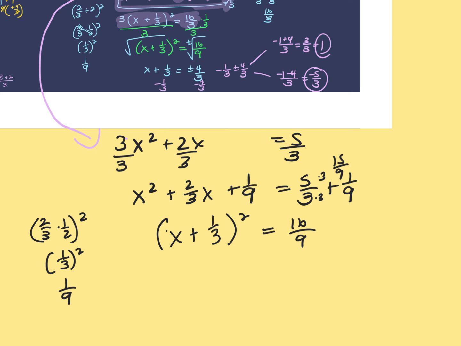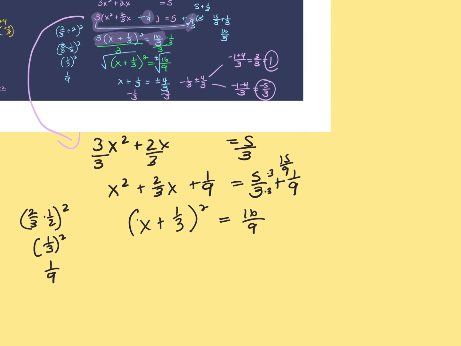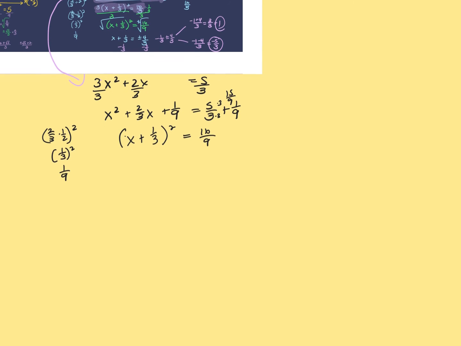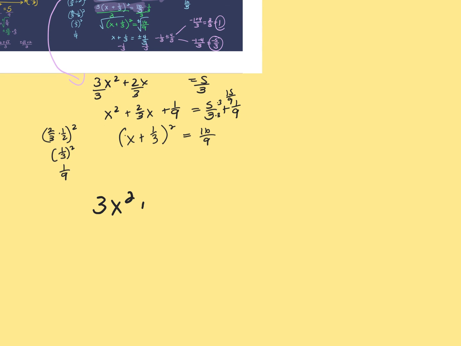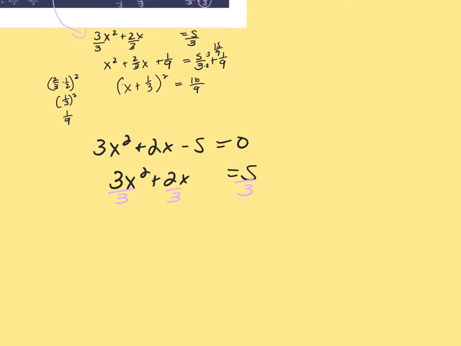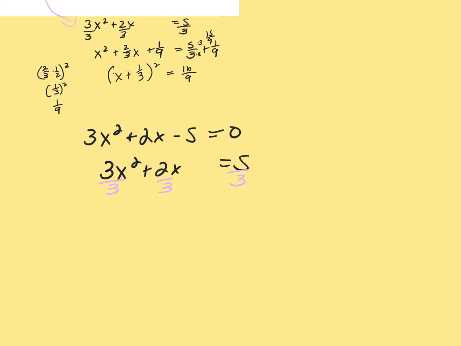How you choose to do that is completely up to you. So instead of taking the 3 on the outside of the parentheses, we just divide everything by 3. So my original equation was 3x squared plus 2x minus 5 equals 0, right? So I moved the 5 over, still first step the same. And then I divided everything by 3. Instead of putting it on the front of the parentheses, I divide everything by it.